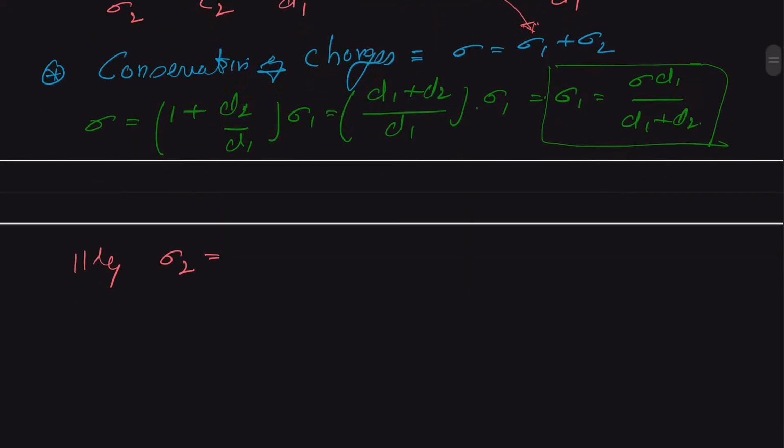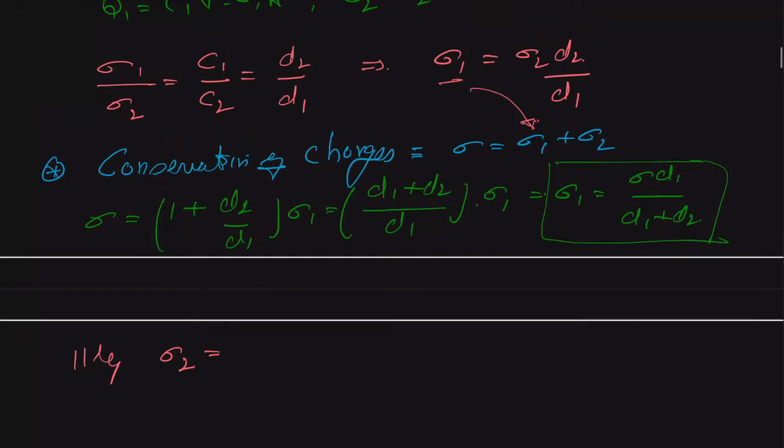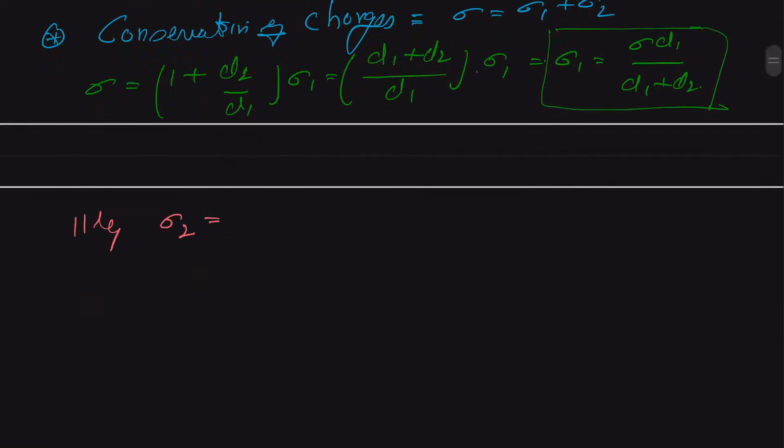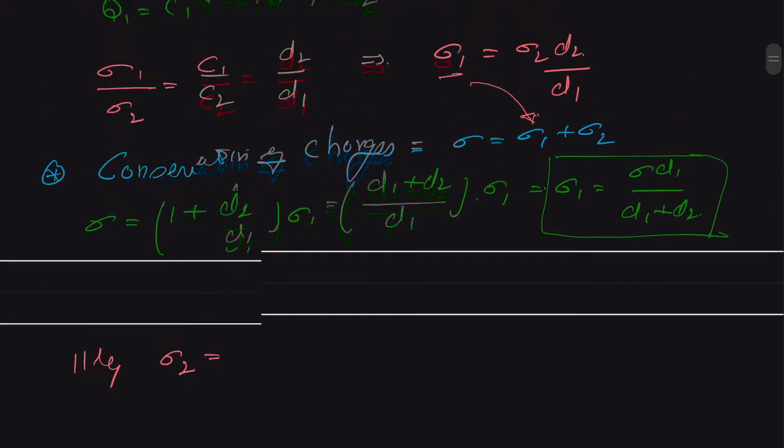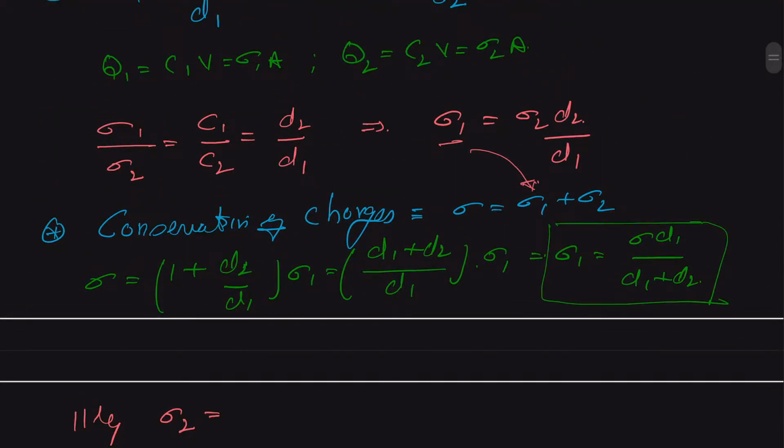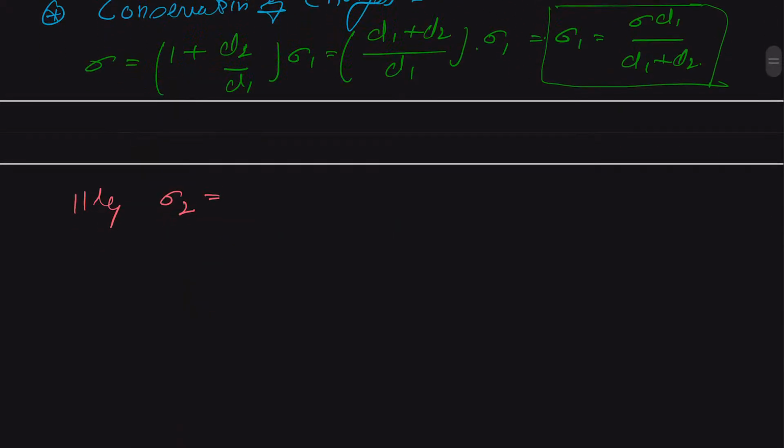And similarly, we can say that our sigma 2, the difference will be of our sigma 1, d1, and sigma 1 is this d2 by d1. I think this looks good. So we get this as sigma 1 d2 and this comes as d1 plus d2. So these are the respective charge densities.